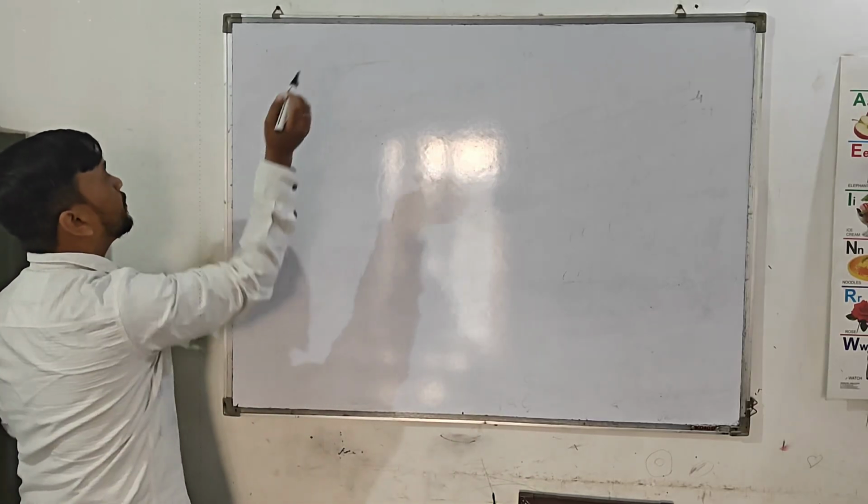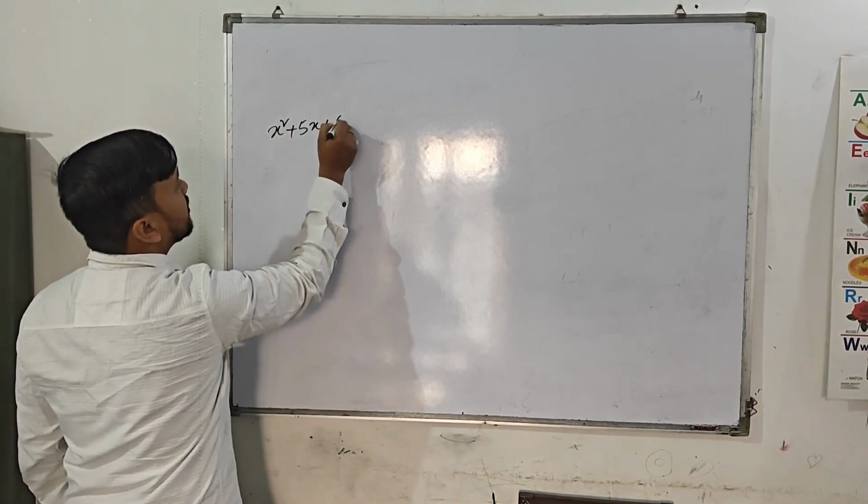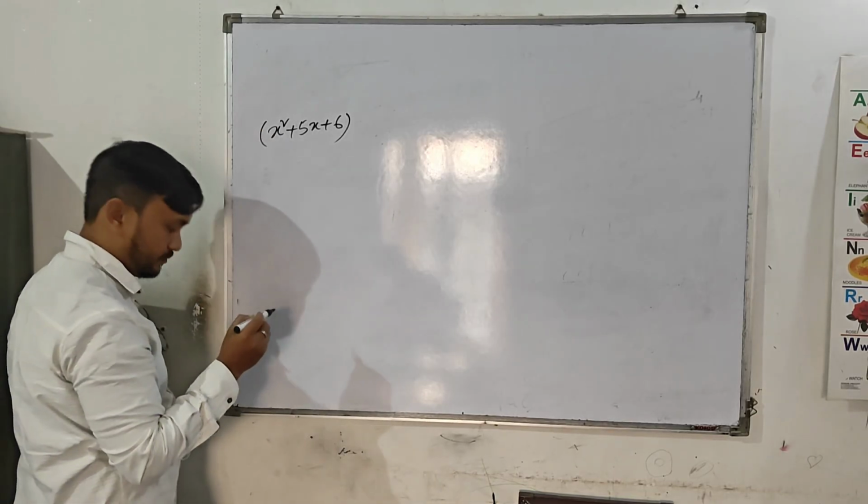So, what do you think? The question was x square plus 5x plus 6. This was the polynomial.